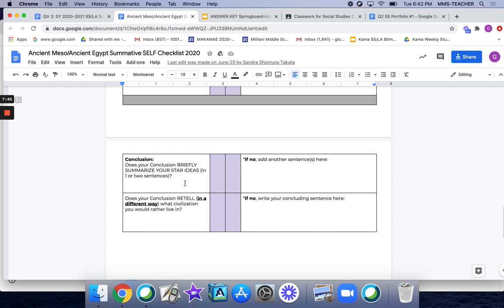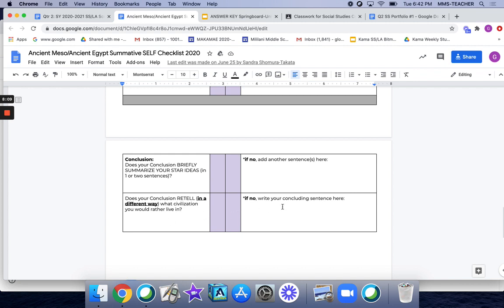Now, does your conclusion briefly summarize your star idea in 1 or 2 sentences? Yes or no? If you put no, add another sentence here for your conclusion. And does your conclusion retell in a different way what civilization you would rather live in? Yes or no?